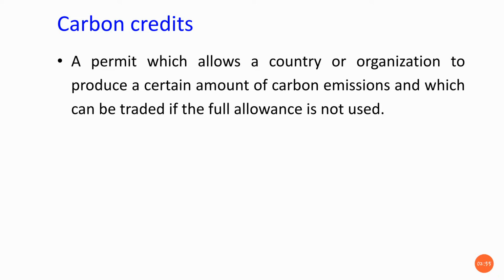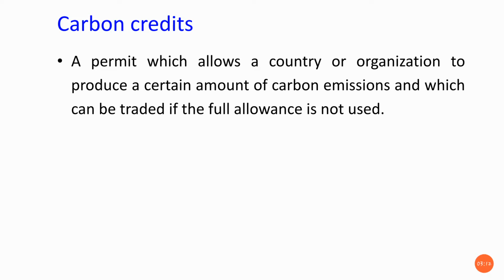In one day they produce tons and tons of pig iron, and that amount of carbon emissions comes out. That is why we give permission that allows a country or organization to produce a certain amount of carbon emissions.